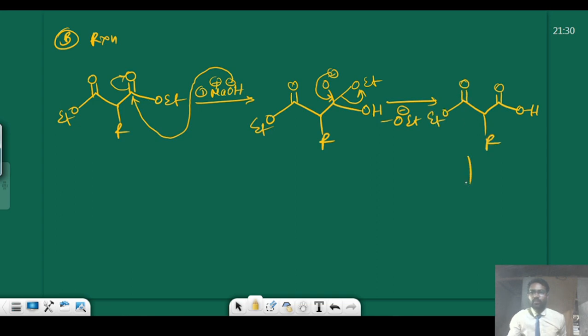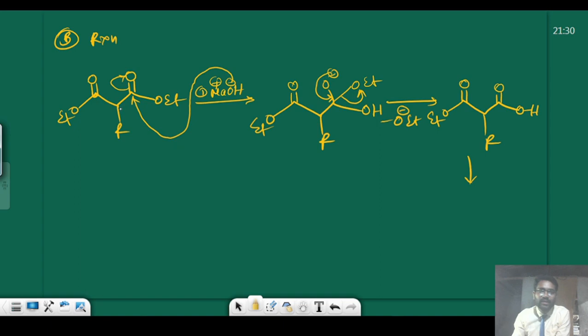Again, what will happen? Only one molecule we have not added; we have used more than one equivalent, sufficient sodium hydroxide. So what will happen after formation of this carboxylic acid? Again the reaction will take place on this center also.